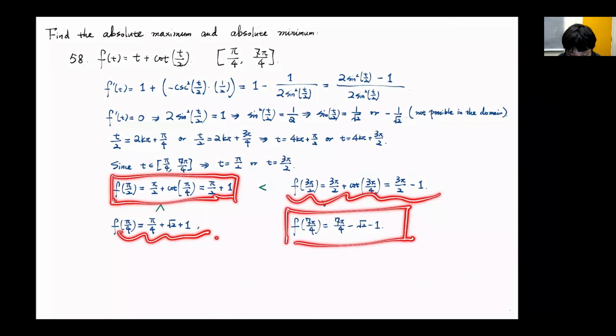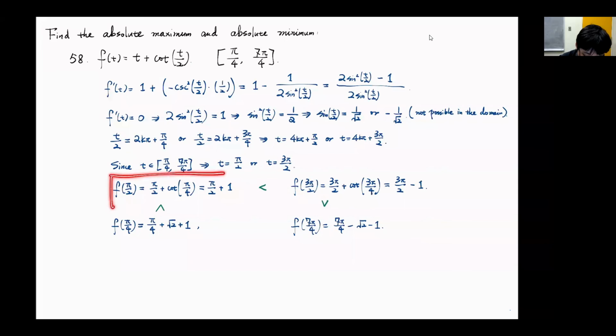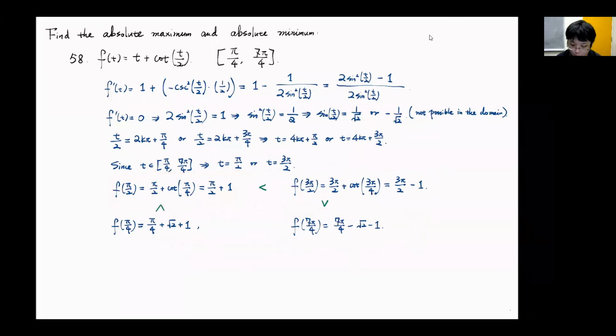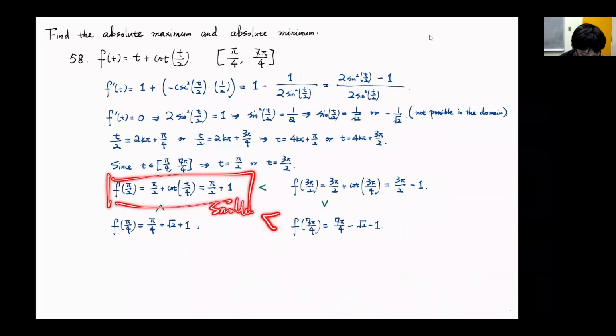So let's start by comparing this guy over here. If this guy turns out to be larger, then we need to compare this guy with this guy over here, so that we figure out the absolute minimum. But if this guy is already smaller, then this guy itself will be the absolute minimum. So let's try that. But remember one thing. This is actually the trick we will use.